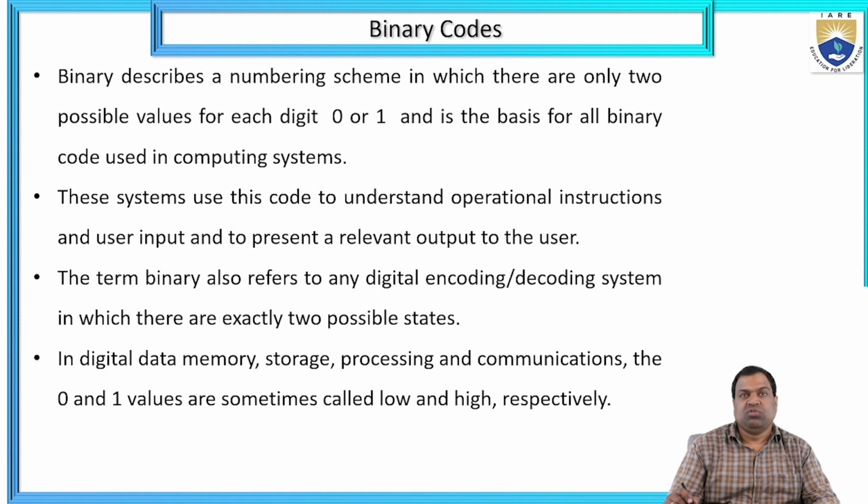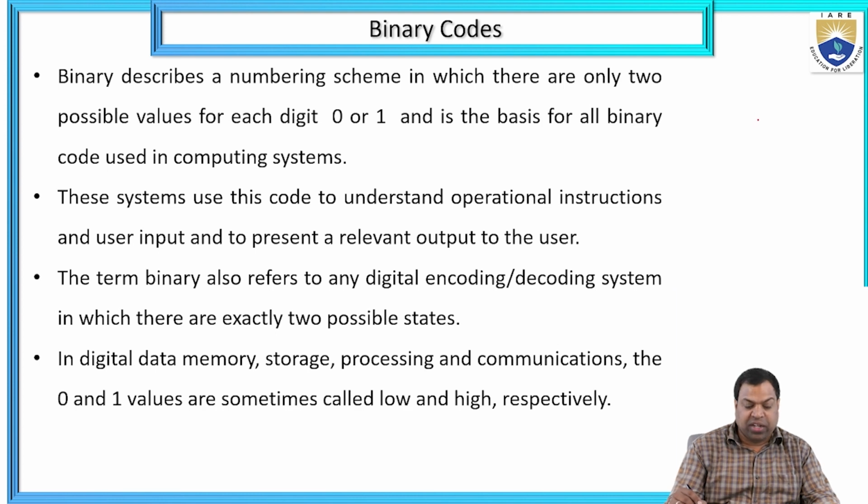These systems use this code to understand operational instructions and user input and to present a relevant output to the user. The term binary also refers to any digital encoding decoding system in which there are exactly two possible states. In digital data memory, storage, processing, and communications, the 0 and 1 values are sometimes called low and high respectively.